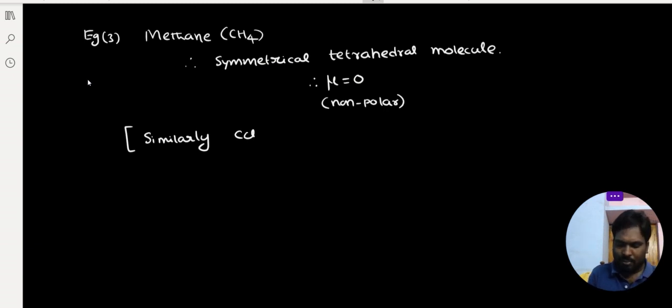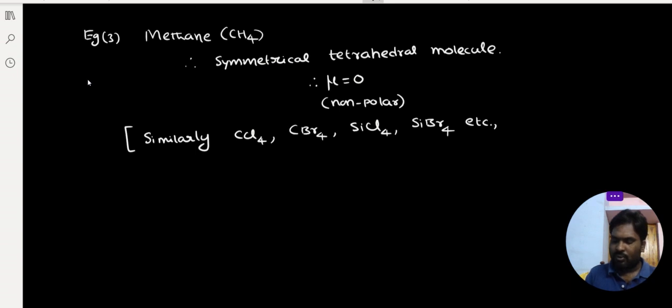Similarly, carbon tetrachloride, carbon tetrabromide, silicon tetrachloride, silicon tetrabromide, etc. For them the dipole moment is 0.